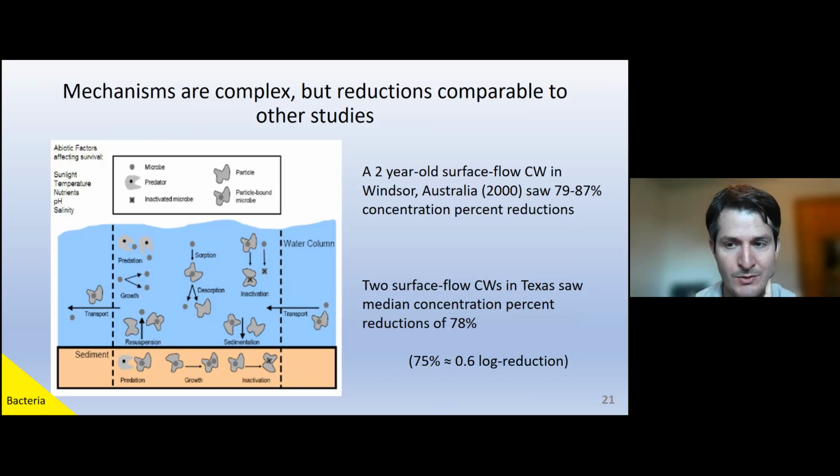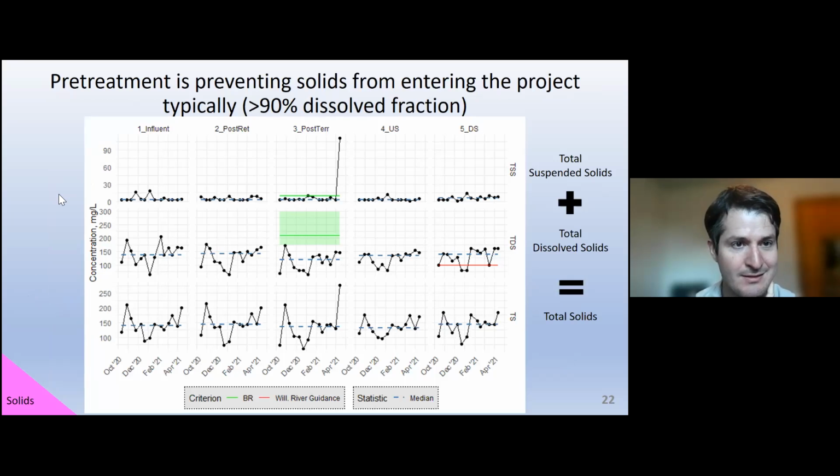So next we're going to go to the green circle, and that's solids. A little bit more complicated. Here we have TSS, total dissolved solids, and then total solids on the bottom. One of the biggest takeaways is that a lot of the solids entering this constructed wetland are in the dissolved fractions.